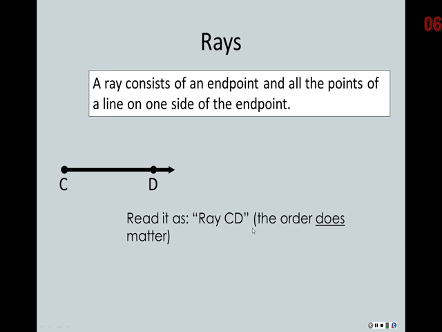You can't say DC. The order does matter. You have to say CD and then make it look like a ray. Endpoint and never-ending end. So a ray has an endpoint and then an arrow on the end. And it can only be written one way. The endpoint comes first, and then the never-ending portion comes second. You have to write it in that way.